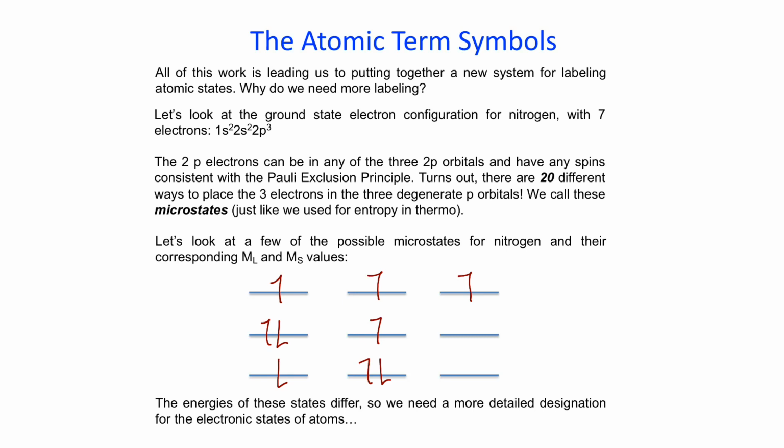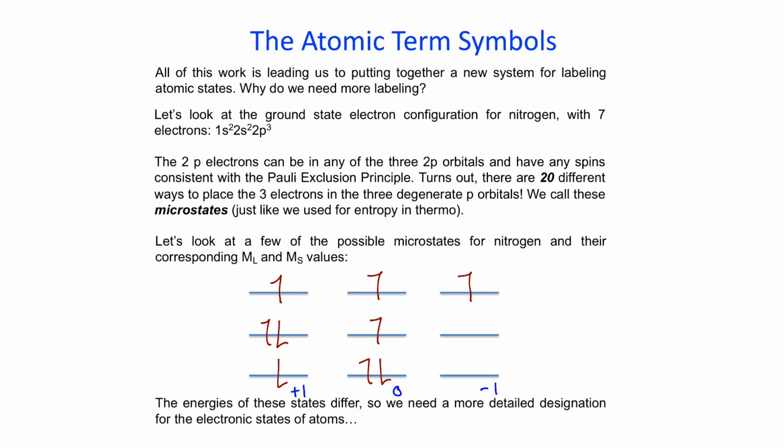We now want to assign the corresponding m sub L and m sub S values. Let's make a little arbitrary designation here, and just to show you that it's arbitrary, I'm going to label it in a different way. But I still, creature of habit, like to put the 0 in the middle.